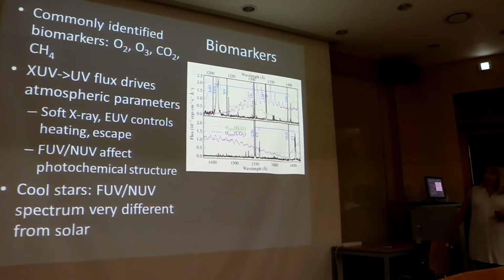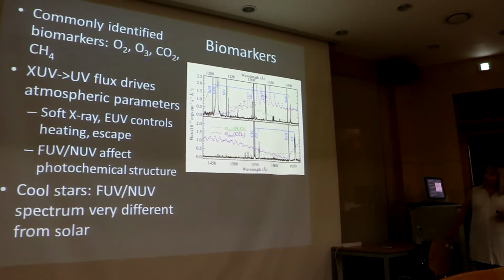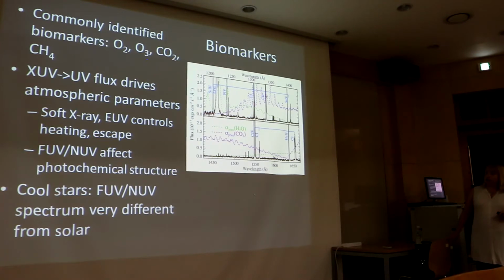The important thing to understand here is that very strong lines, like Lyman alpha, that's hydrogen, and N V, and some of these other lines, oxygen and carbon, provide energy at exactly the same wavelengths where you can break up and photodissociate water and CO2.